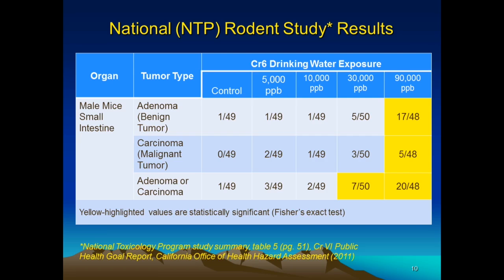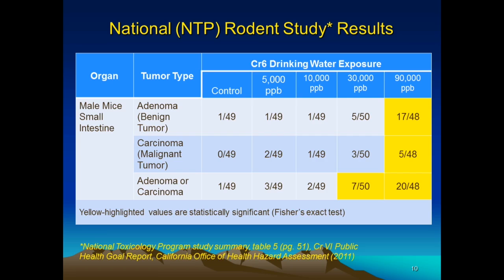So, what they want to do with these studies is have all the factors the same except for that dose. So they want to make sure the control animals and the others get the right nutrients, the normal food intake. They even measure the water intake, and that's why they didn't go higher, because when the water intake dropped, then their weights dropped.